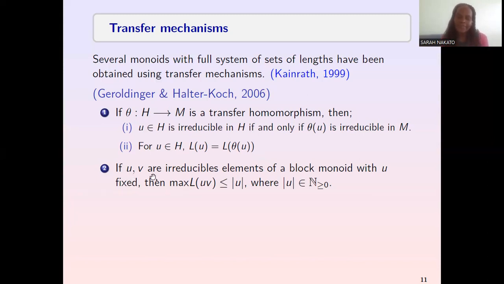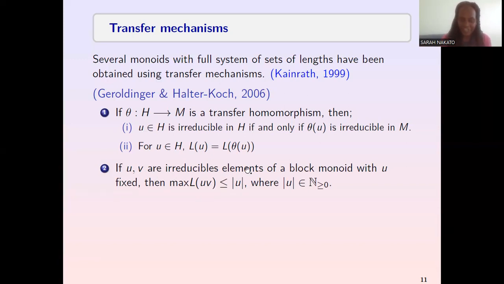So a property the block monoids have is that if u, v are irreducible elements of a block monoid with u fixed, then the max, or the longest factorization of the product uv, is bounded by some constant that depends on what is fixed.